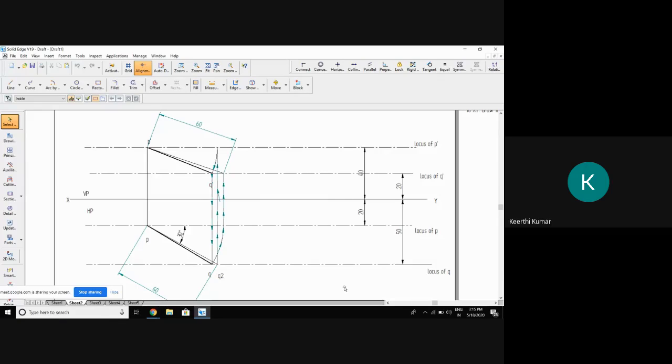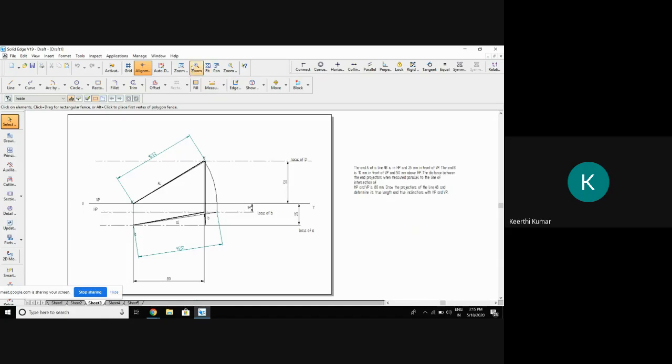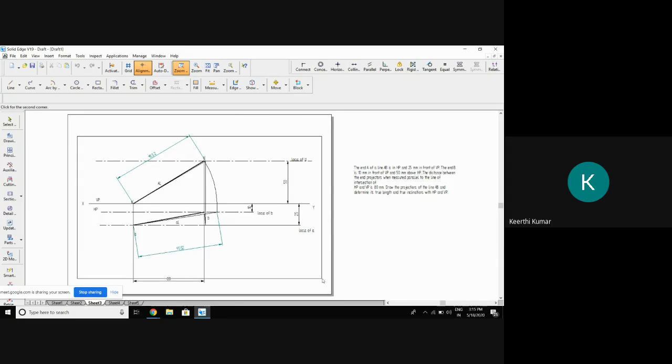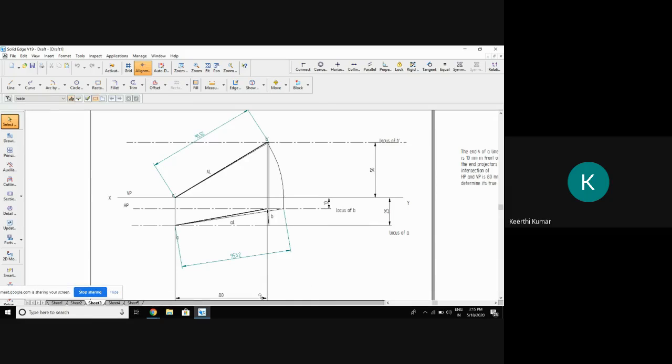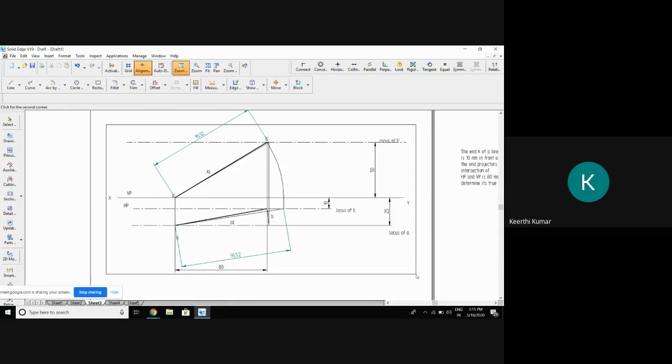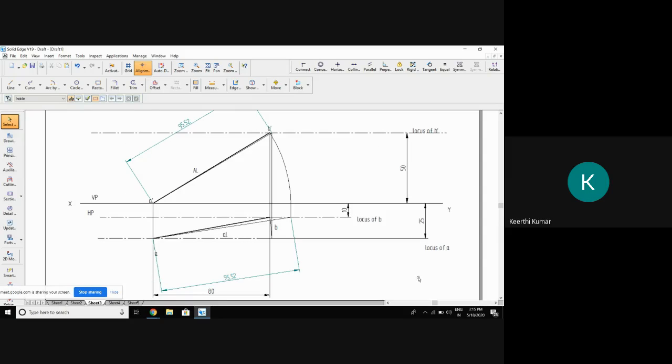This is the photo of the second problem. Third. Third.